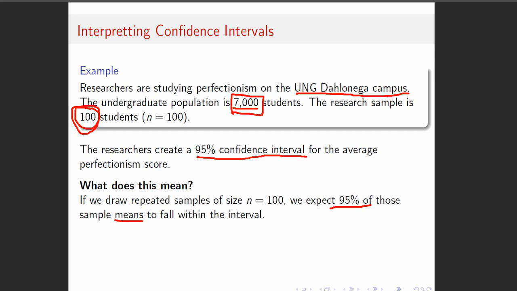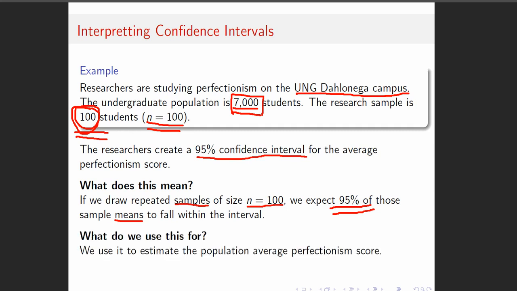Okay, so what averages are we capturing? The sample size has to be the same as we were using up here. If we repeatedly draw samples of size n equals 100, then we expect 95% of those sample means to fall within the confidence interval we just created.